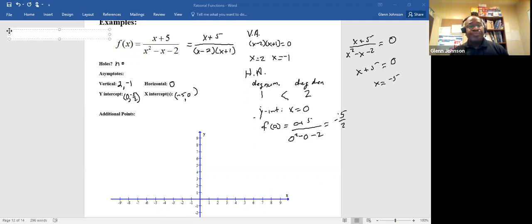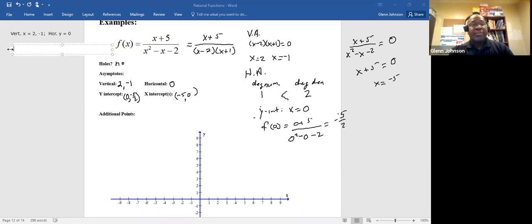All right, so let's plot what we have so far. I'm just rewriting the asymptotes that we have, as well as the x and y intercepts.